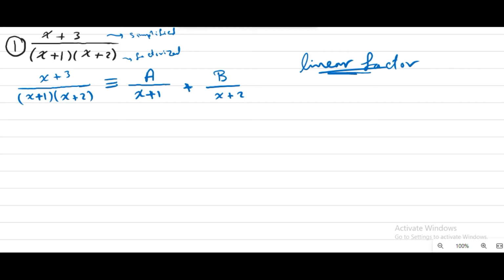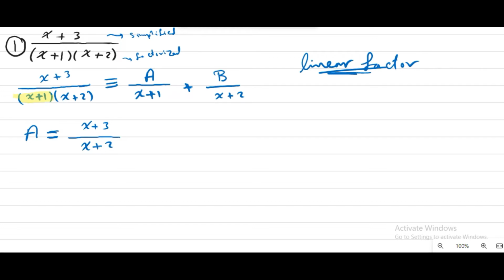So what is the cover-up method? What is the first letter? It's A. Before that we check that it's linear. Here, cover this factor, x + 1, from this expression. After covering the denominator of letter A from the main expression, we get (x + 3) over (x + 2).